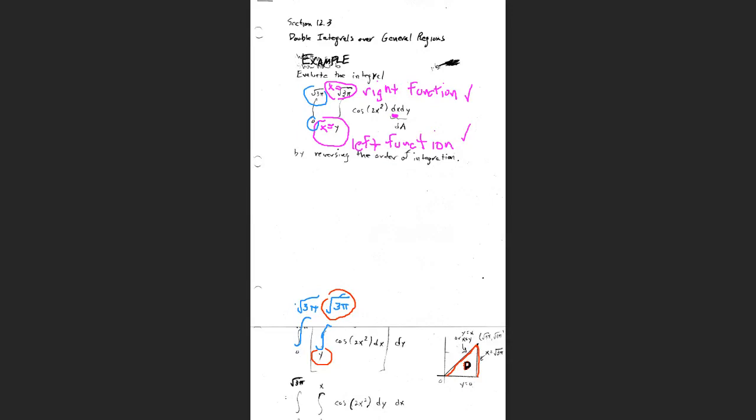All right, so now the y limits go from 0 to root 3 pi. Well, that makes sense because, first of all, I have to draw it a little bigger so I can draw on it.